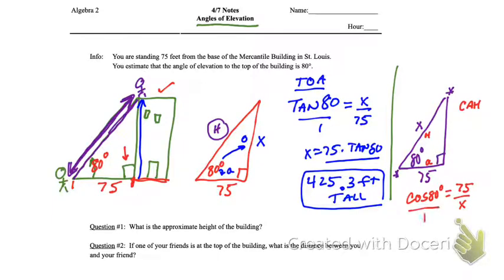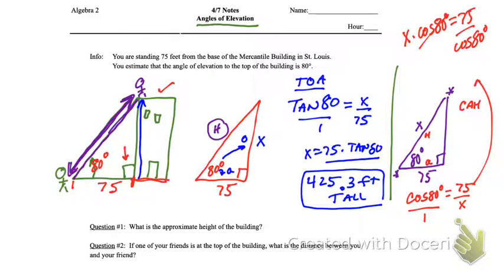Put this over top of 1, cross multiply. I'm going to come up here to the top. It would be x times the cosine of 80 equals 75. And then we would have to divide by the cosine of 80. So there's what we're going to type in our calculator: 75 divided by the cosine of 80.